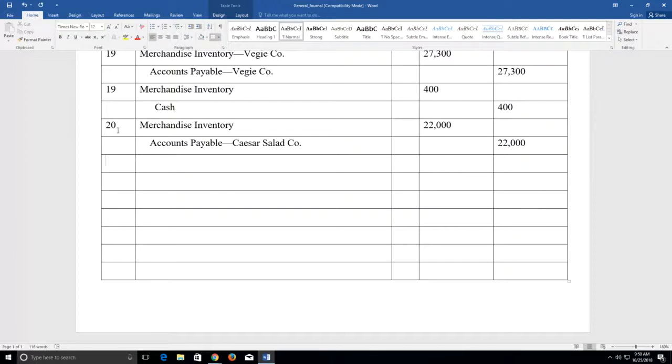And it says on the 30th, we paid Caesar Salad. So that was within 10 days, right? So we have to look and see if they were offering us a discount. We clear our books for the total amount we have, which was $22,000.